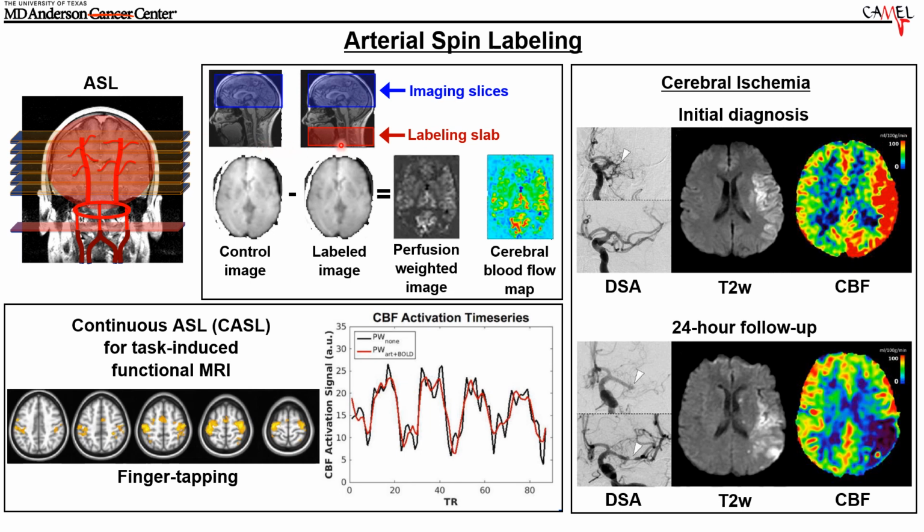So you have a labeling slab, you have imaging slices, and by doing a control image where there is no labeling slab, then you can subtract the two images and see how fast the blood flows into the brain area. And so this is labeling via magnetization and excitation, the spins within the arteries, the arterial system, and watching where that goes into the brain.